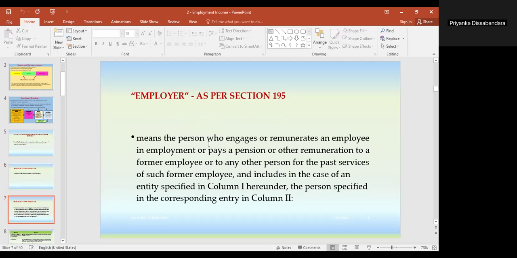It says, means the person who engages or remunerates an employee in employment, or pays a pension or other remuneration to a former employee or to any other person for the past services of such former employee, and includes, in the case of an entity specified in column 1 hereafter, the person specified in the corresponding entry in column 2.